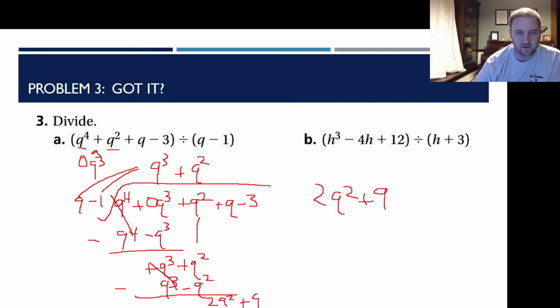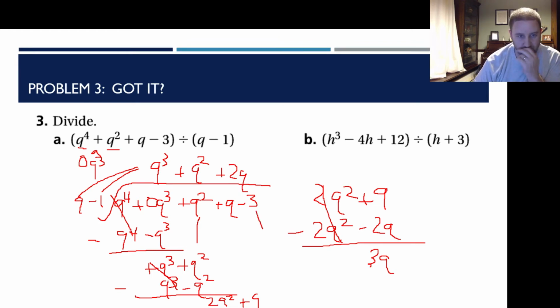Okay, q goes into 2q squared. This is going to be 2q times. 2q times q is 2q squared, and then 2q times -1 is negative 2q. Now we'll subtract these. q minus negative 2q is positive 3q, and then we're going to drop this down there, so it's going to be minus 3.